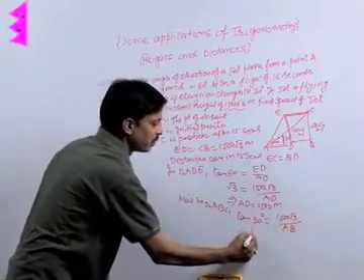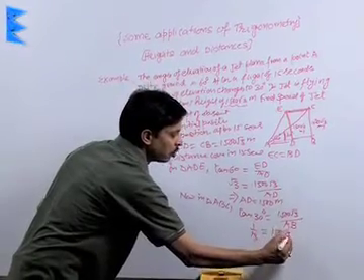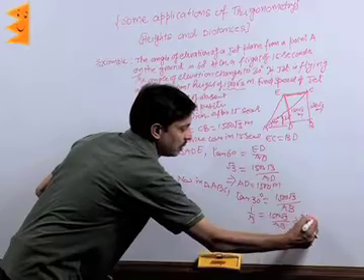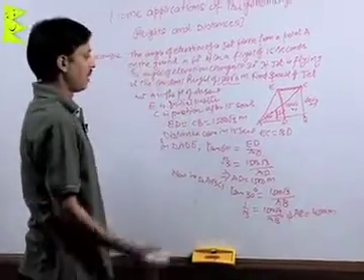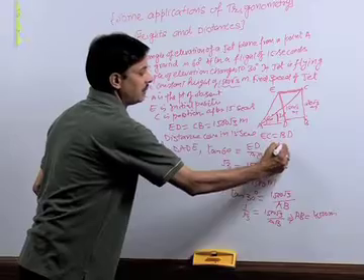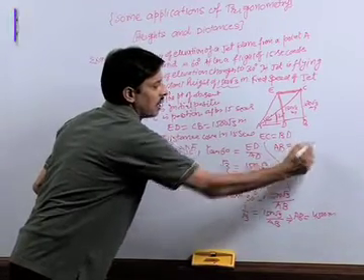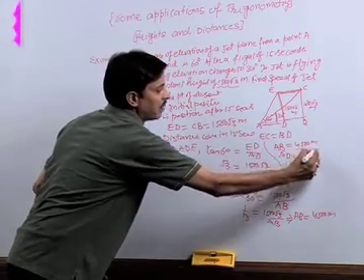Now tan 30 is 1 by root 3. So 1 by root 3 is equal to 1500 root 3 upon AB, which implies AB is coming out to be 4500 meters. We have calculated AB is 4500 meters, and AD we have calculated as 1500 meters.